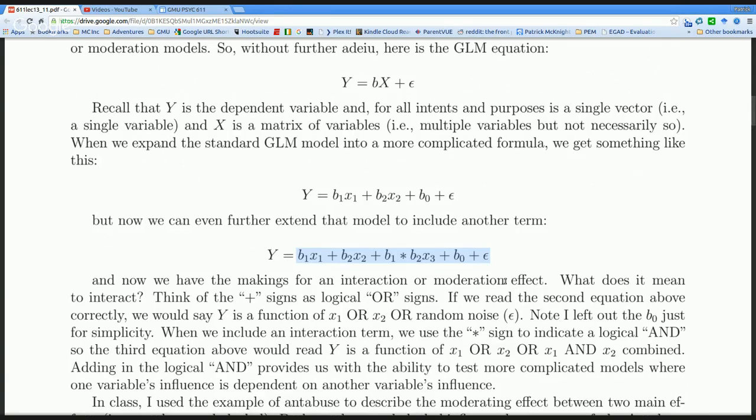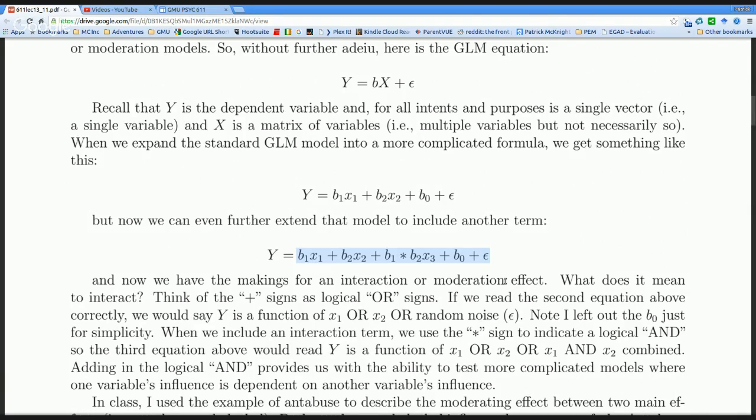That multiplication means that we have main effects, so x1 or x2, or that together they work in conjunction to produce an effect that's different than just the main effects.